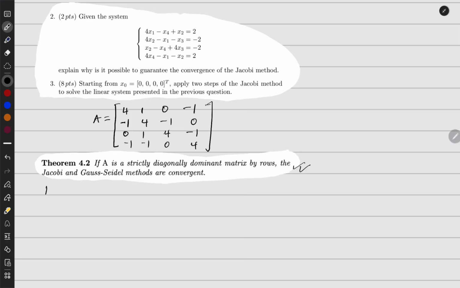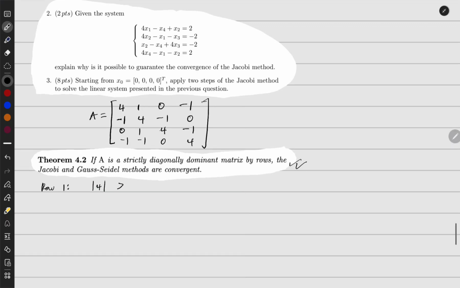We have to check for every row. For row 1, strictly diagonally dominant, we have talked about this: the magnitude of the diagonal element must be greater than the sum of the magnitudes of all the other elements in the row. For row 1 it holds. For row 2, is it greater?